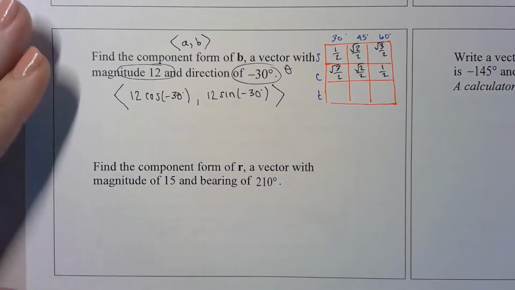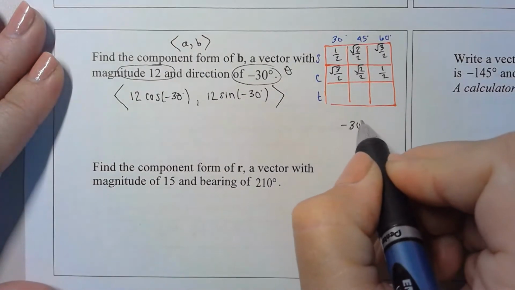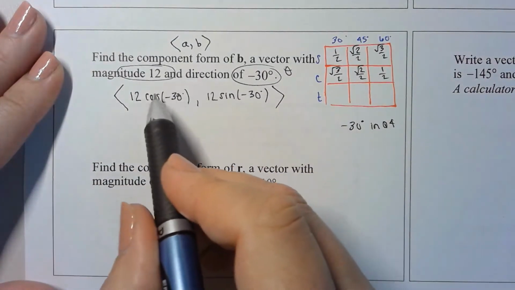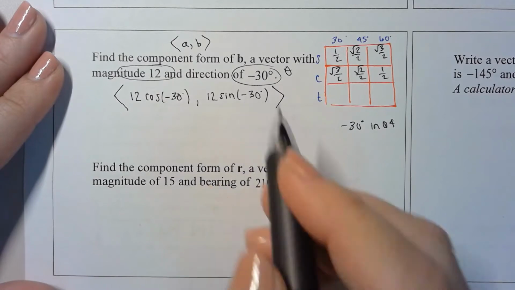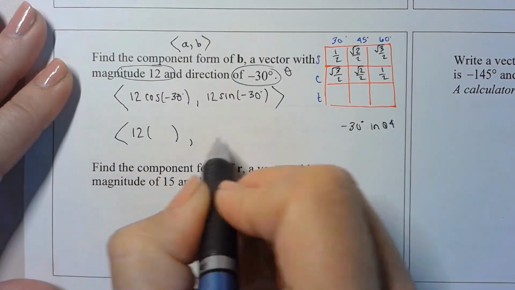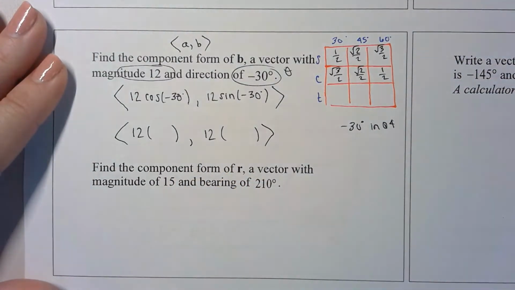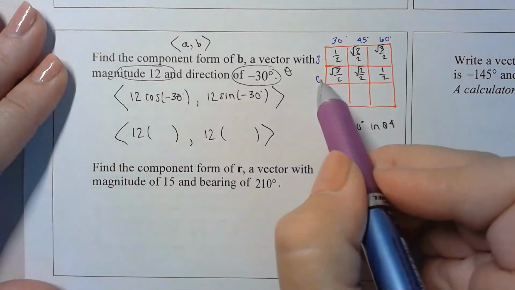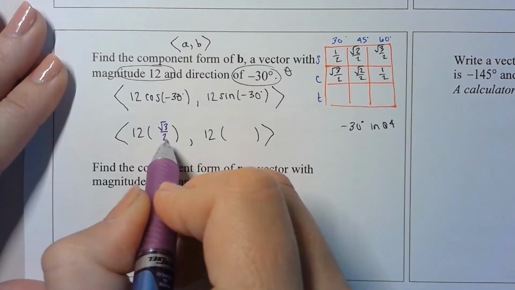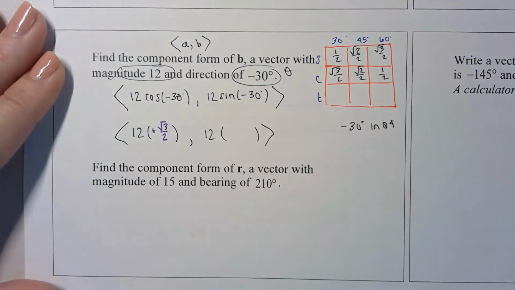Now, -30 degrees is in quadrant 4. And in quadrant 4, cosine is positive, sine is negative. So let's see, we've got 12 times something, 12 times something. The cosine of 30 degrees is radical 3 over 2, and in the fourth quadrant, it's positive.